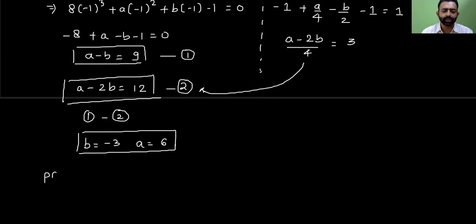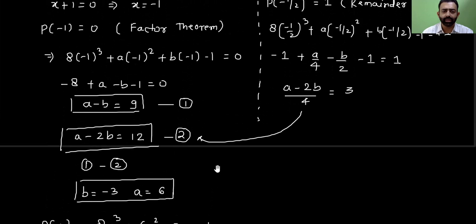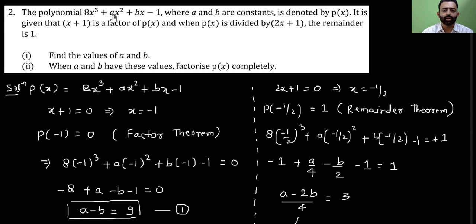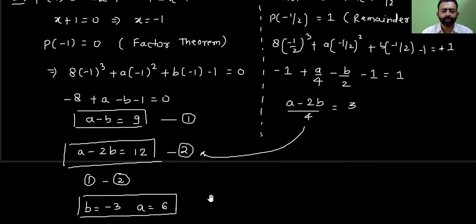So p(x) now is 8x cube plus 6x square, plus bx, and the b value is minus 3, so minus 3x minus 1. Okay, this is your p(x). Yes, 8x cube plus 6x square minus 3x minus 1. So we have to factorize this.